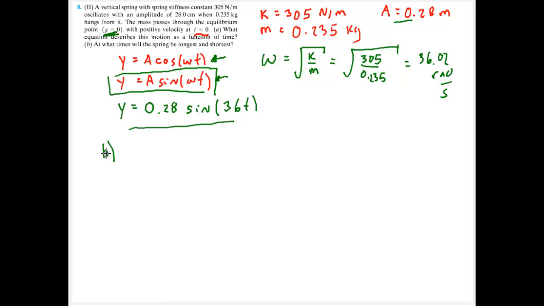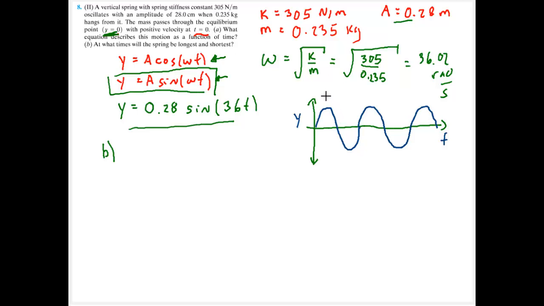For part B, when is it at its longest and shortest? Well, here I can take a quick look at a diagram of the position versus time for this guy. We know that it's going to go up and come down. That's one full period T. I'll draw another full period T, and I'll draw just half a period right there.